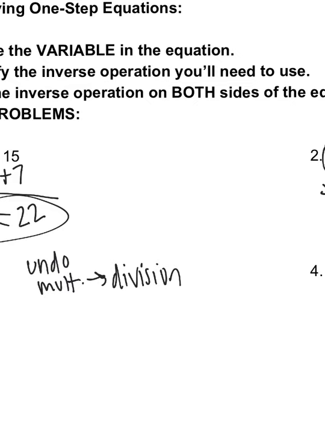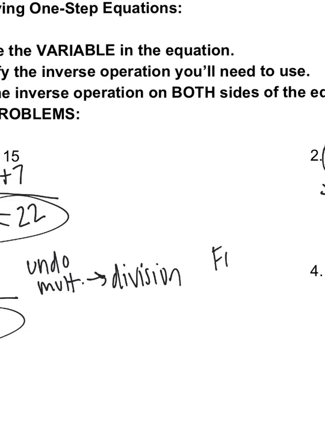So I'm going to divide by 8 on both sides. Okay, when I do that, these 8s will cancel. And then I'm left with y equals 72 divided by 8. So at that point, you're just going to do 72 divided by 8, which is 9. So y equals 9.